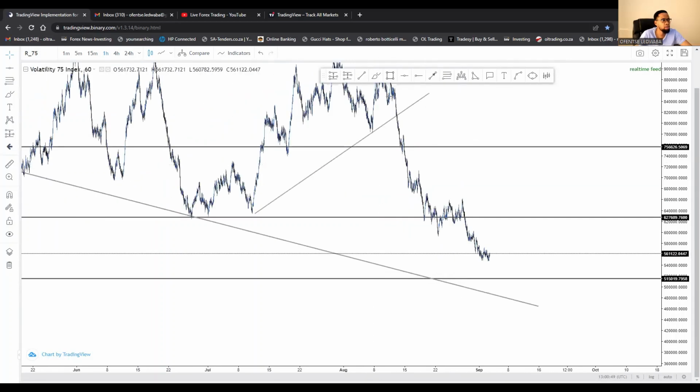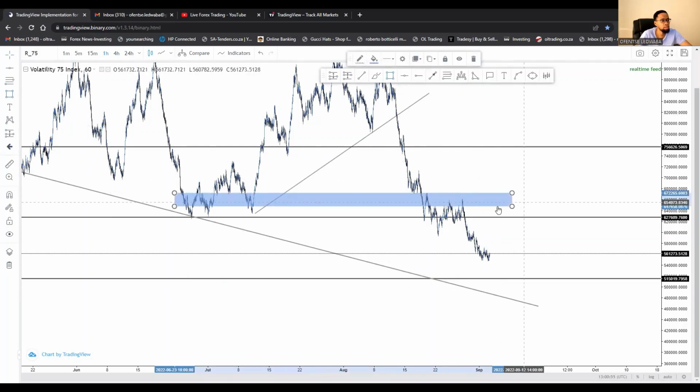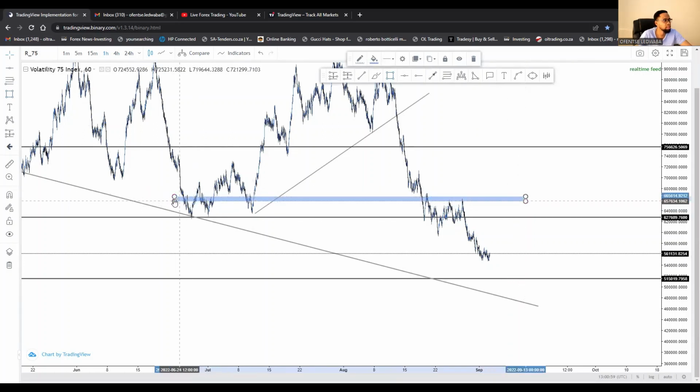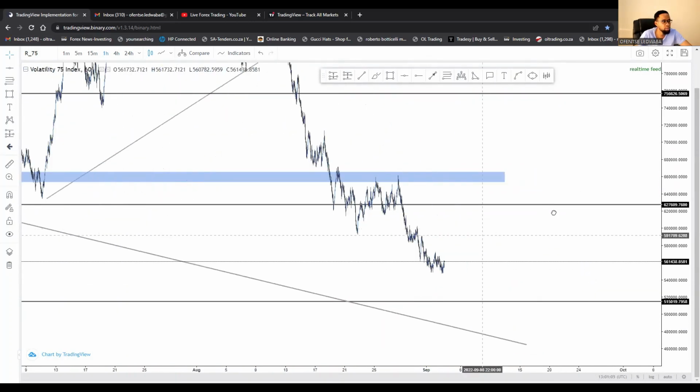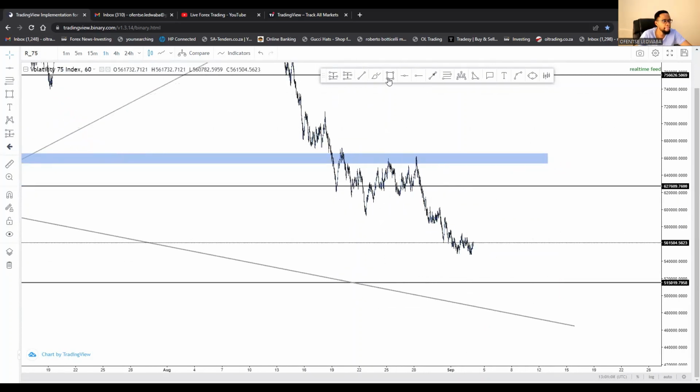So now I'm gonna draw my zones. You can see here we had a zone here showing us the market. So at this point, the lines that you see are the support. So now I'm gonna use another zone.